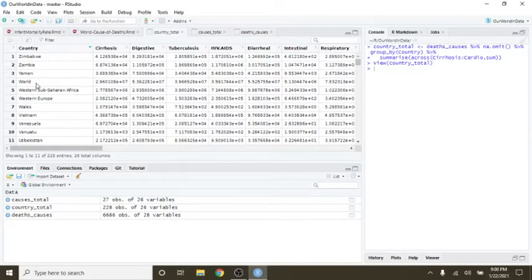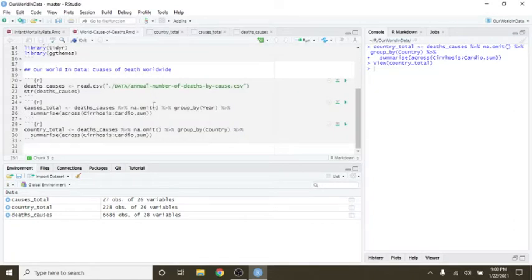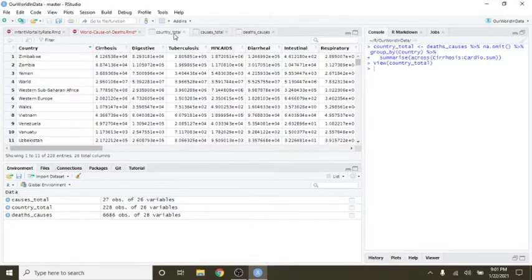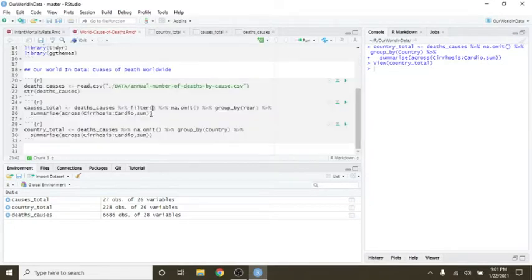Now, so we have a total row right there, okay? But we don't want that in the. Okay. Not equal to.